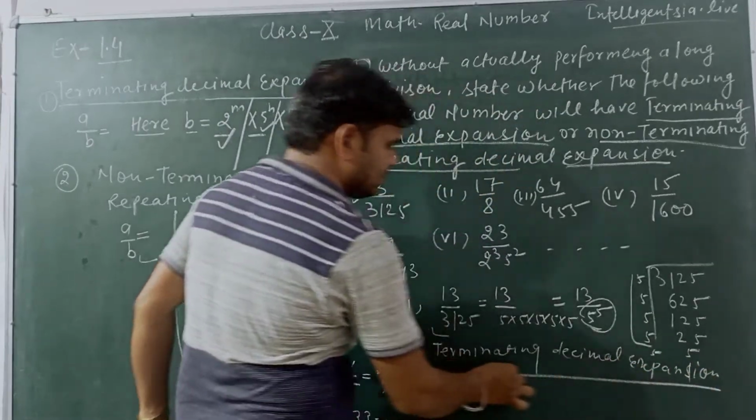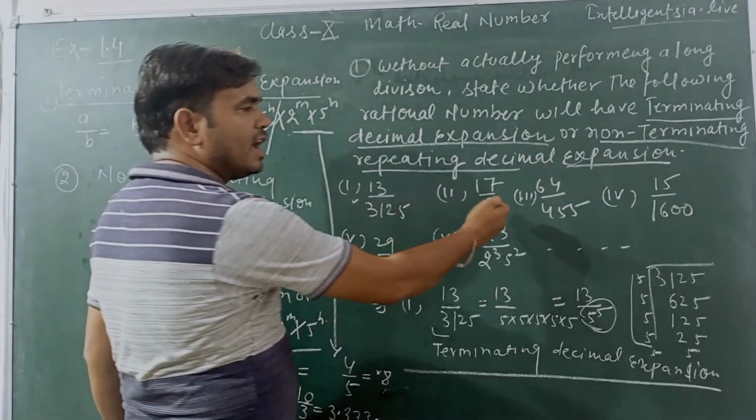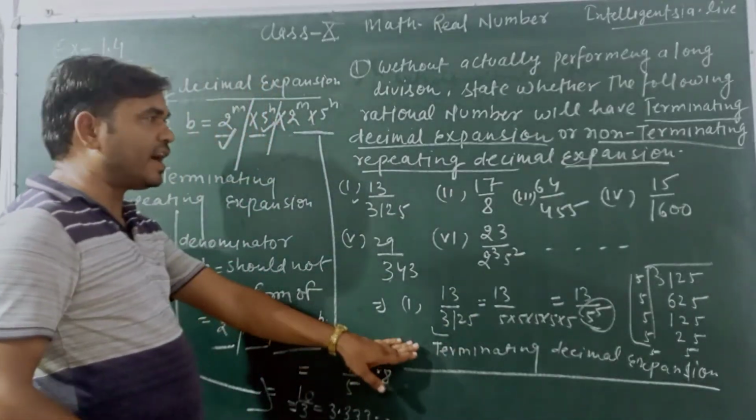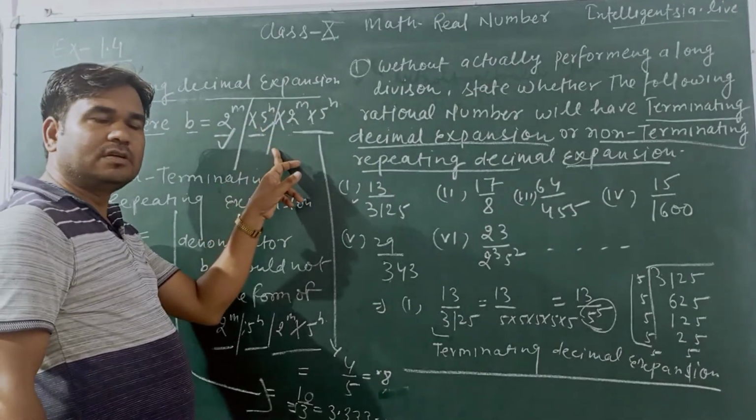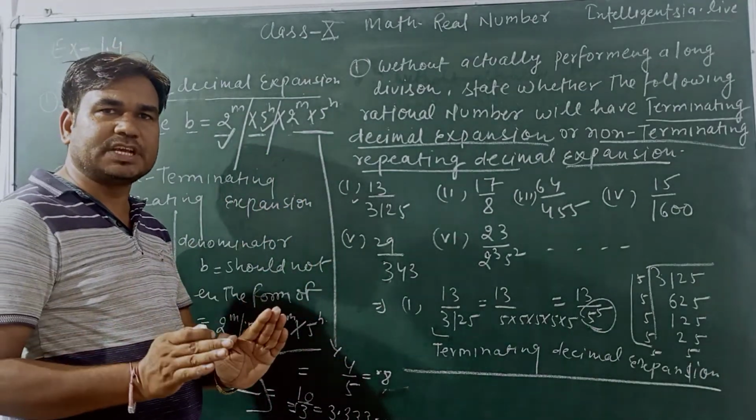Okay students, and now we talk about every question in the same way. If we find this type of formation, we can say this is terminating decimal expansion.